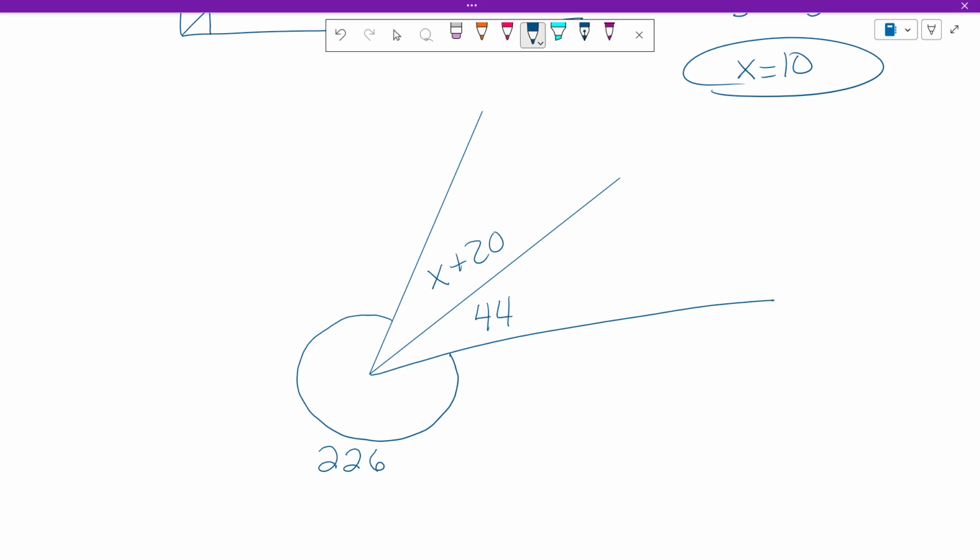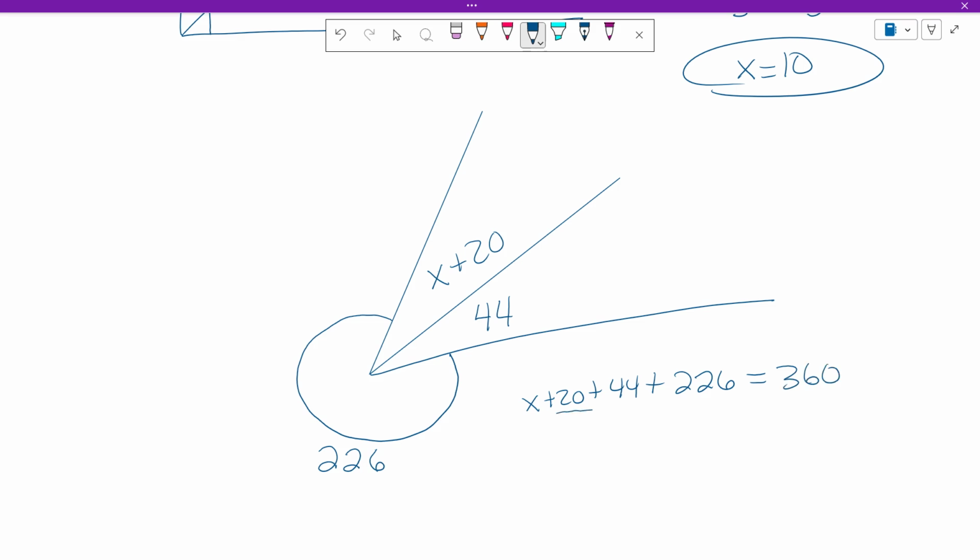Okay. I've got a circle drawn here, which means there's 226 out here, 44 here, x plus 20 here. So how many degrees is x? All of these should add up to what? 360. X plus 20 plus 44 plus 226 should add up to 360.